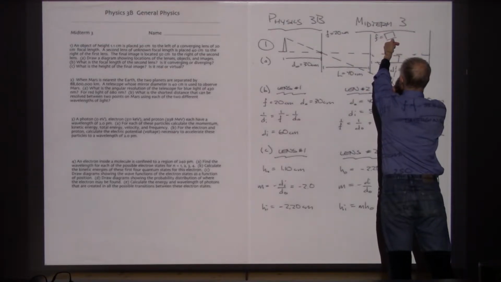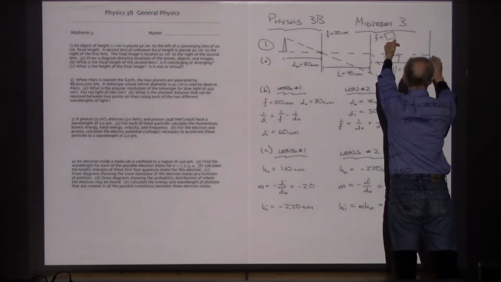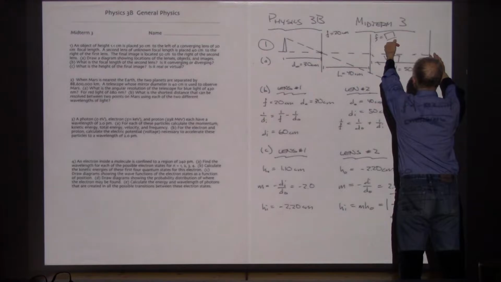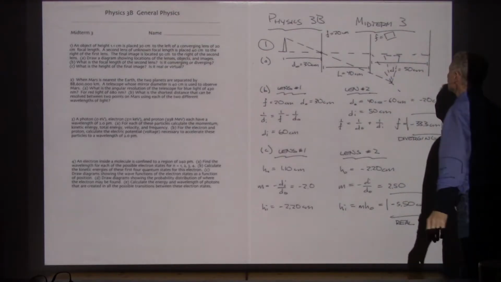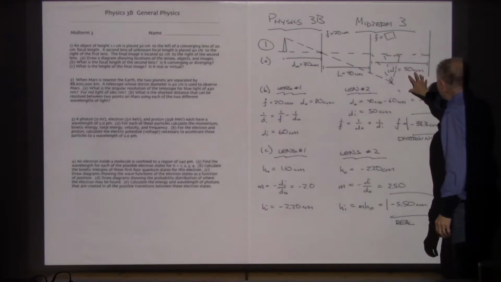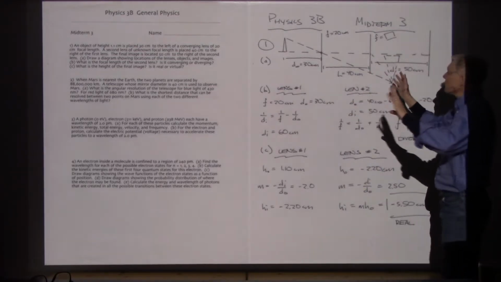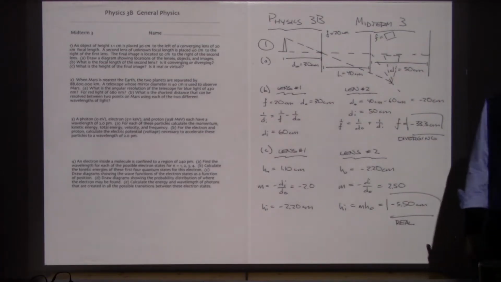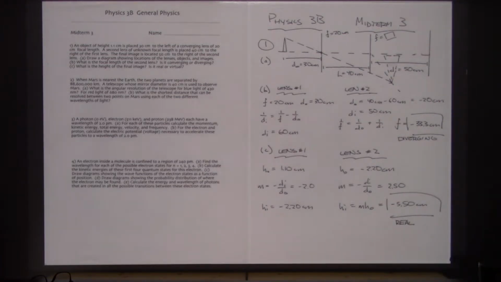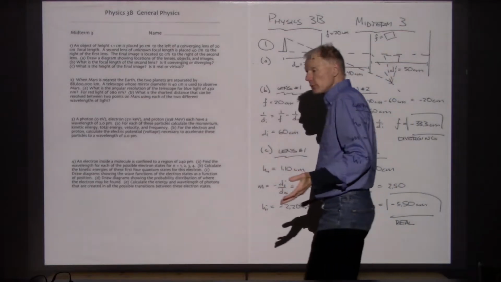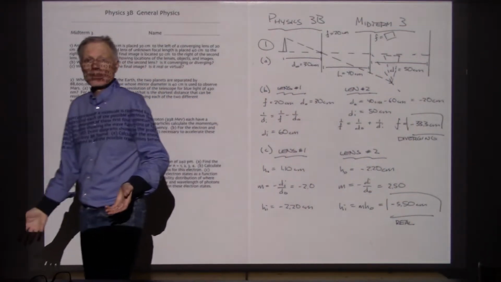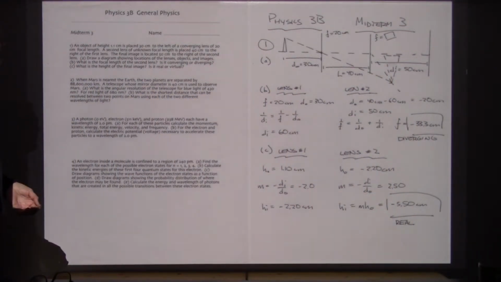So if we have an image showing up here, that would need to be a real image. So that's a positive 50, that's a positive 30. The 40, we're going to have to play around with and see where it comes into play. It's got to show up somewhere because the distance between the 2 lenses is going to make a difference on how this whole lensing system works.